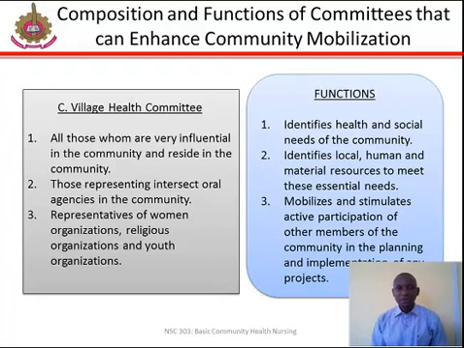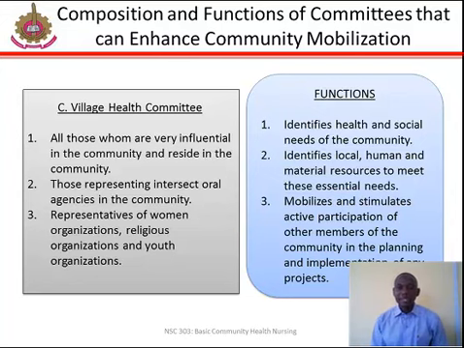Now, the third type of committee is the village health committee. It involves all those who are very influential in the community and reside in the community. It also consists of those representing interested agencies in the community, and then representatives of women's organizations, religious organizations, and youth organizations.